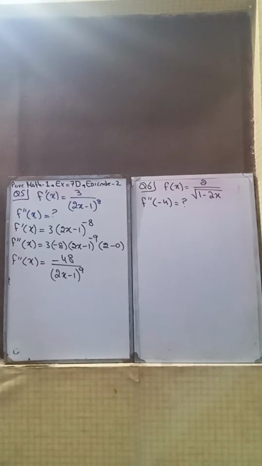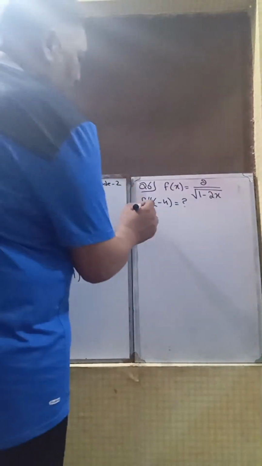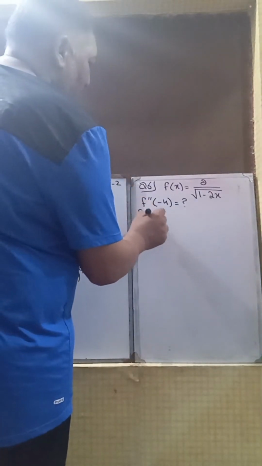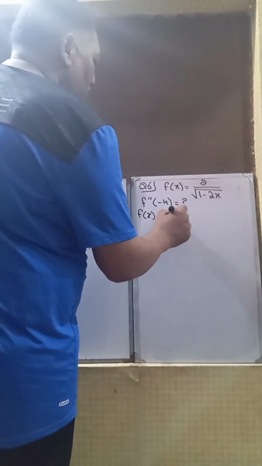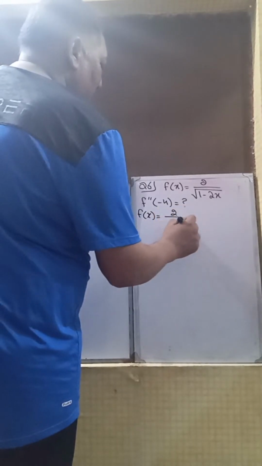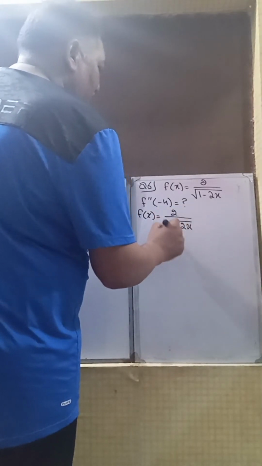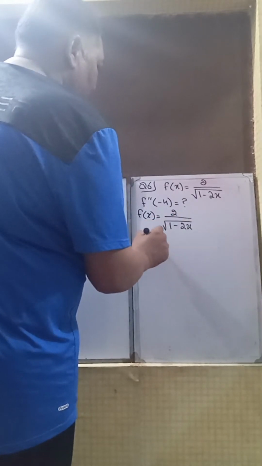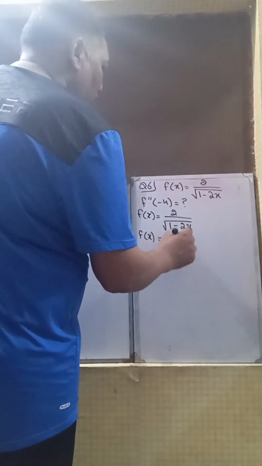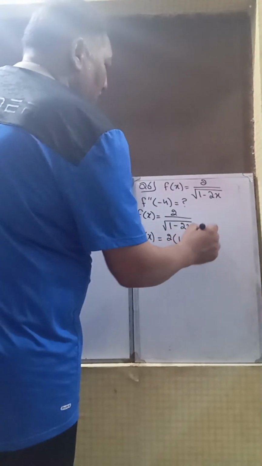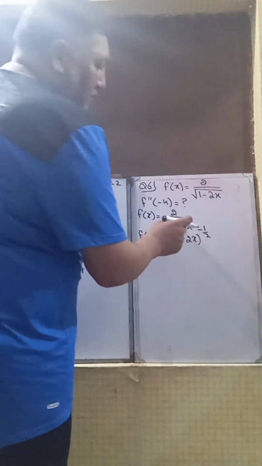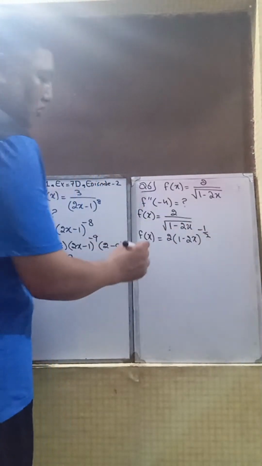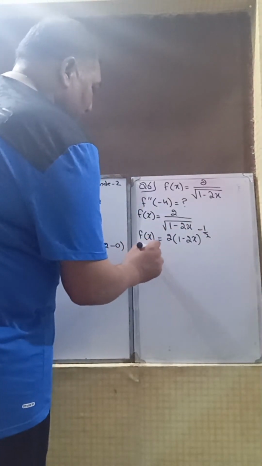Okay, so let's do this. First of all, f of x is equal to 2 divided by the square root of 1 minus 2x, so bring it into a friendlier form. f of x will be equal to 2 into 1 minus 2x raised to power minus 1 by 2. I brought it upstairs. So I will take the first derivative.